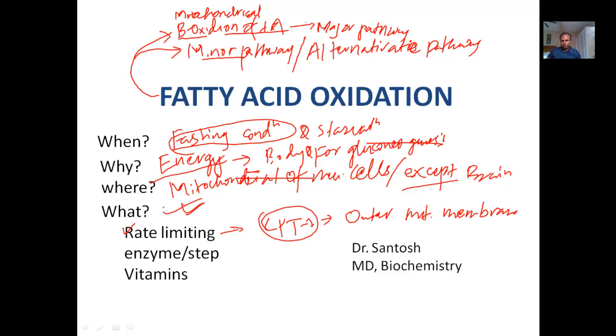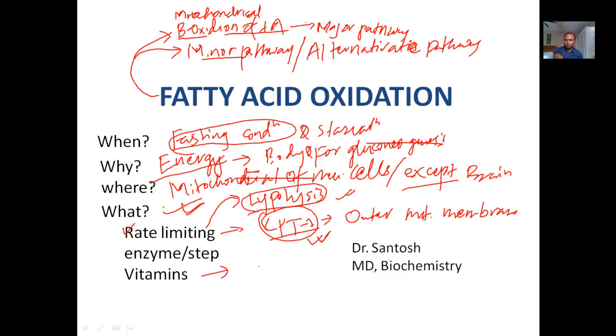In adipocytes, this pathway is also regulated during lipolysis. These are the two steps where it is regulated: at lipolysis and at the entry of fatty acid into mitochondria, which is done at CPT1.